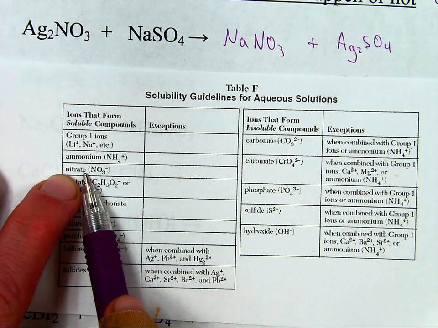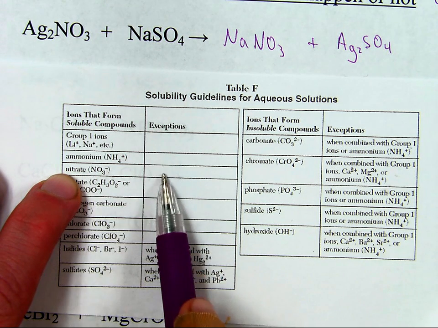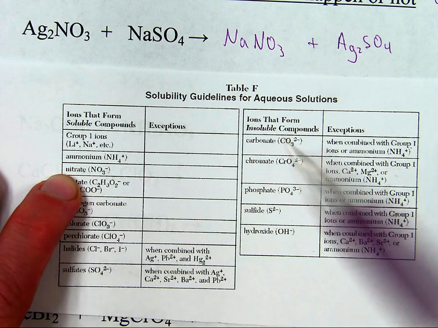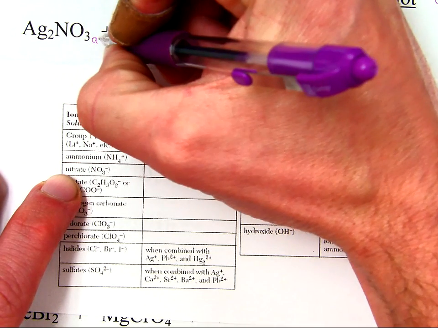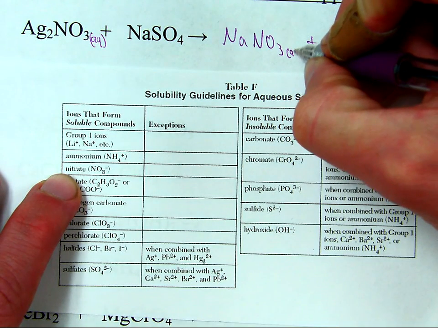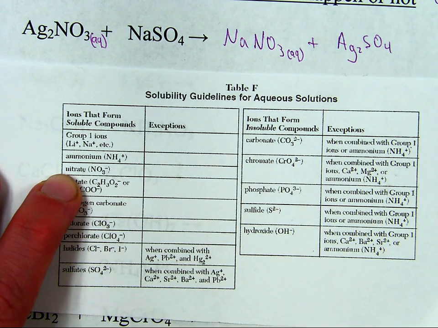In other words, it says nitrate compounds are soluble. And are there any exceptions? No. In other words, all nitrates are soluble with no exceptions. So I'm going to put AQ here, and I'm going to put it over by this nitrate also. They're all soluble. Okay, this is leading me toward figuring out whether or not this reaction can happen.